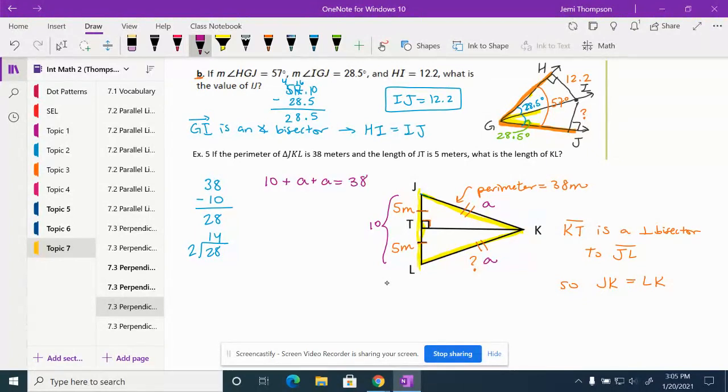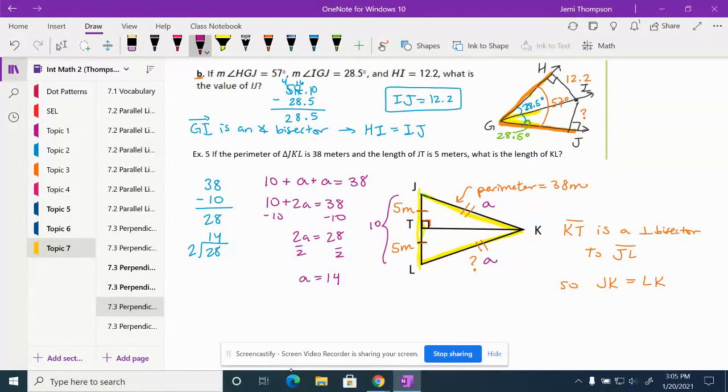And when I add all those up, I get 38. 10 plus A plus A is just 10 plus 2A. Got this little mini equation here that I've created and can solve. Subtract 10, divide by 2, and you'll see that it's the same work. You get the same answer. One's just a little bit more planned.